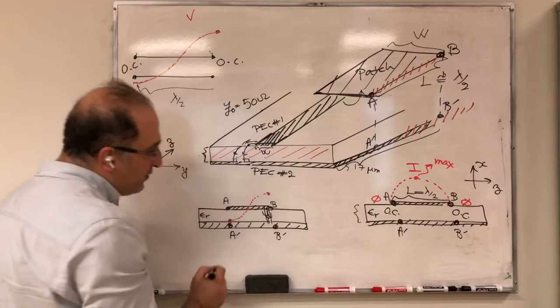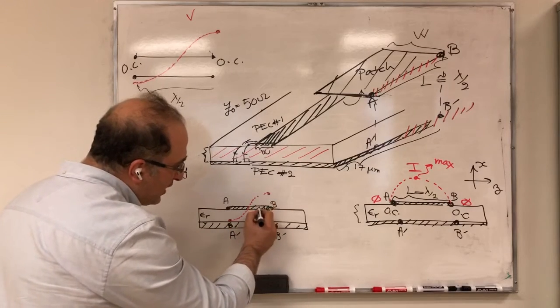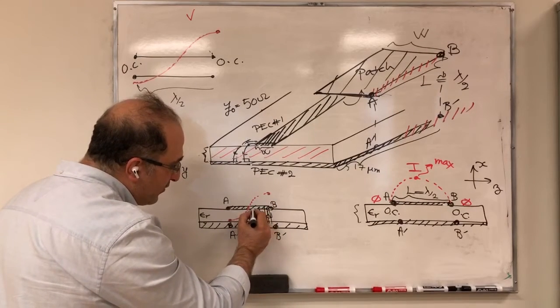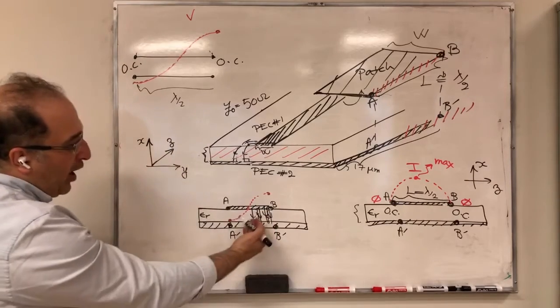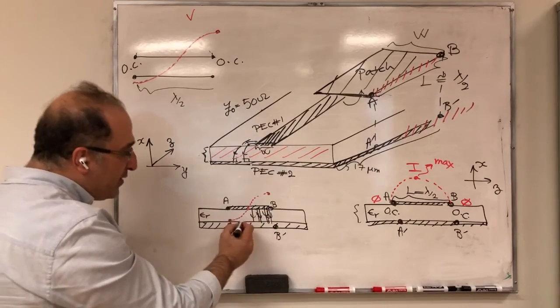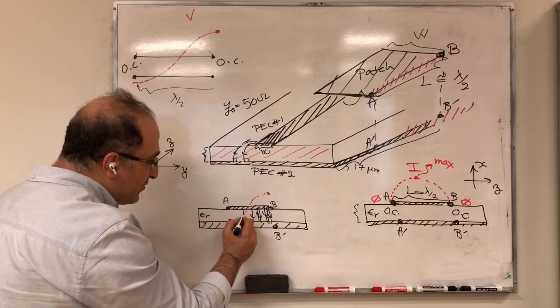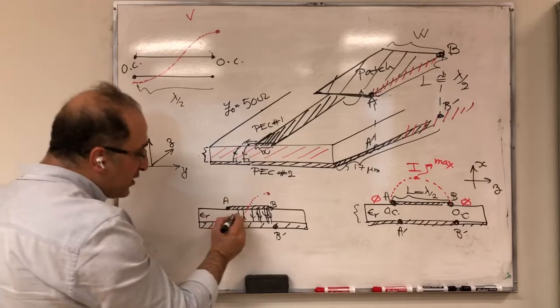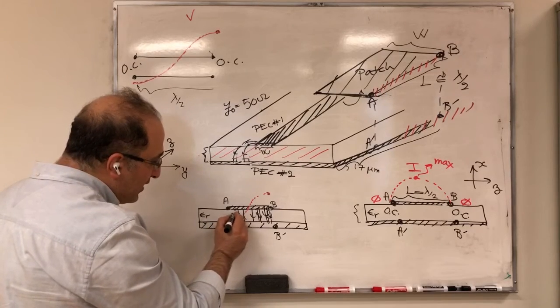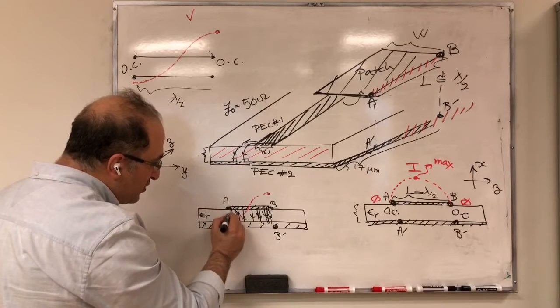I'm showing it very dense. And as you go to the center, the electric field gets sparser. And then after that, the polarity will change. It is still very sparse in the beginning because voltage is not too much, and at the end, it becomes very heavy.